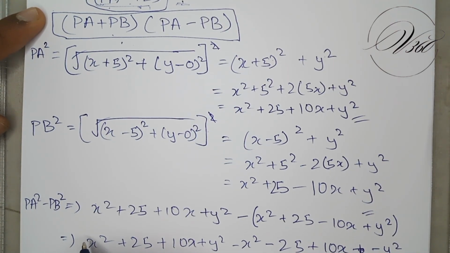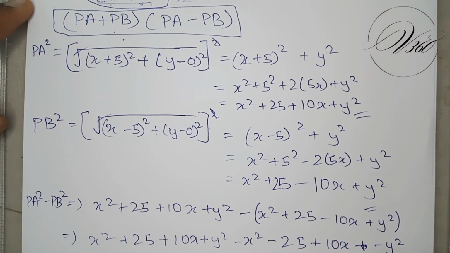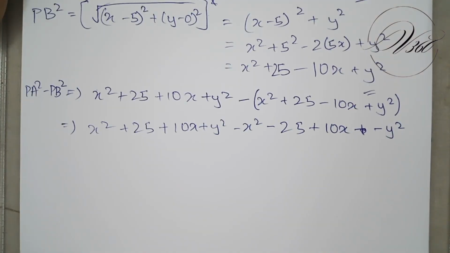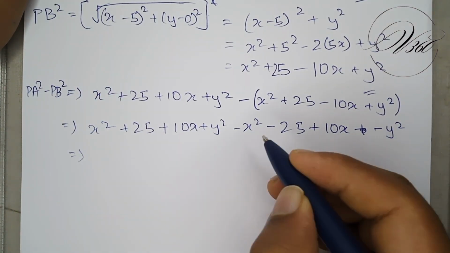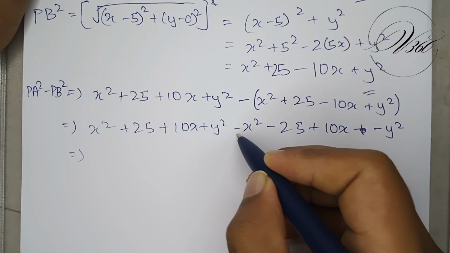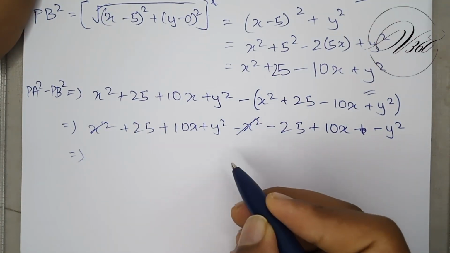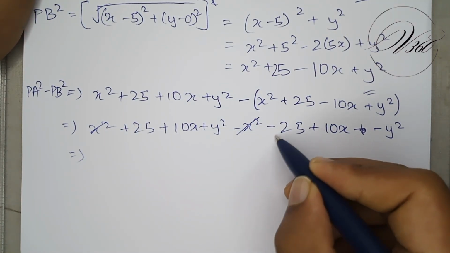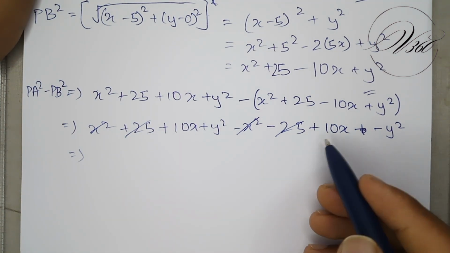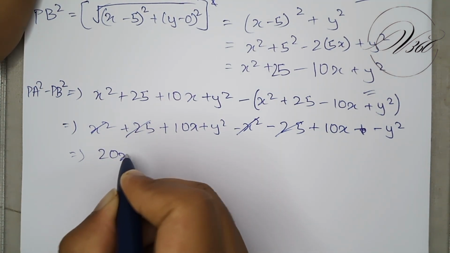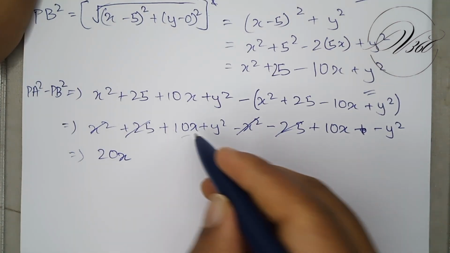Okay, if we solve this, wait a second, let me raise it up. Now here, if we solve this, I will directly cancel minus x square plus x square, minus 25 plus 25, plus 10x plus 10x, 20x. Wait here, this is done.